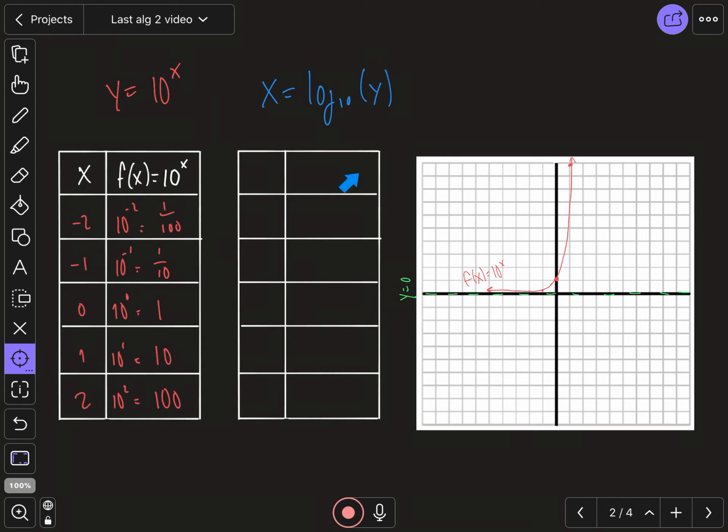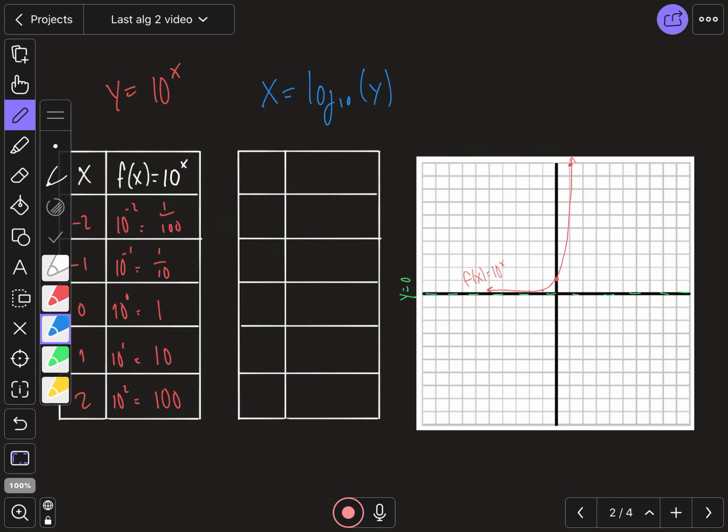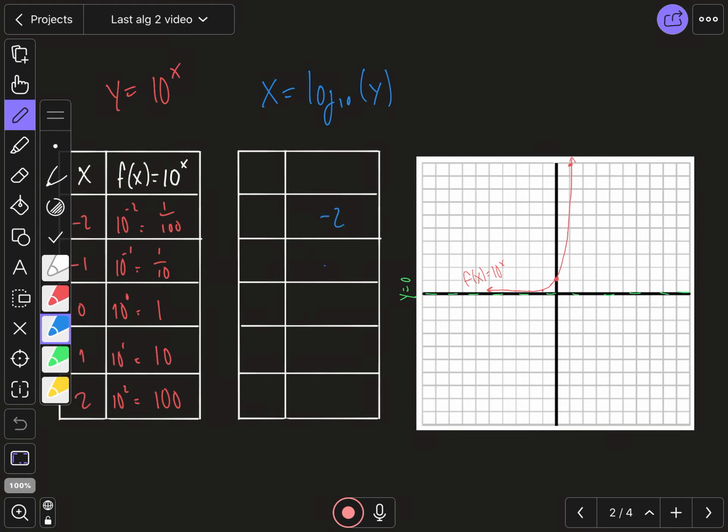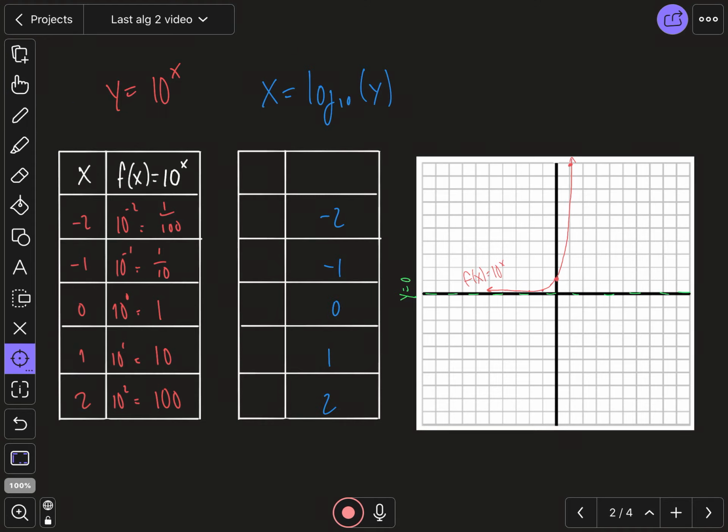What that shows us, and what we learned back in Unit 2, was that to graph an inverse function, all we have to do is take our x values and our y values and switch them. So all of my x values will now become my y values. So this will now be negative 2, that will be negative 1, that will be 0, that will be 1, that will be 2. And then all of my y values will now become my x values.